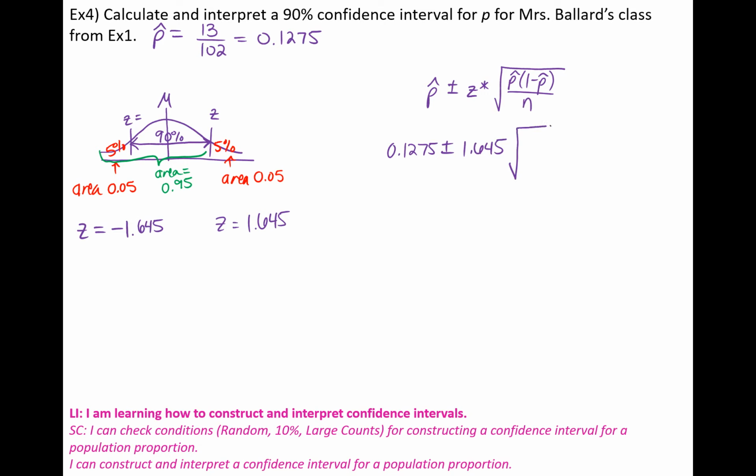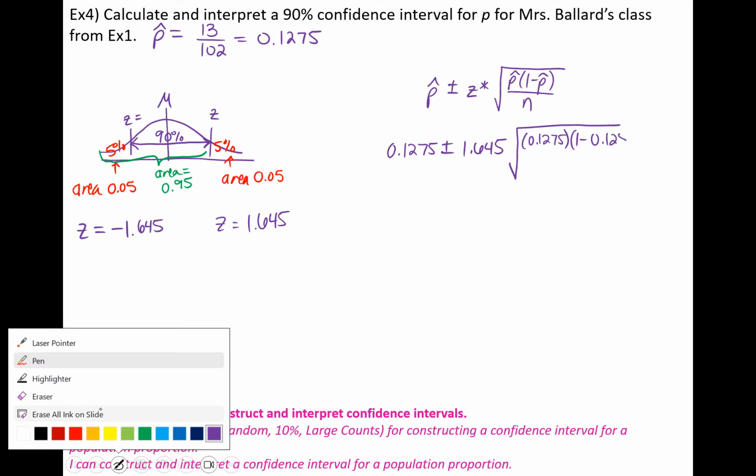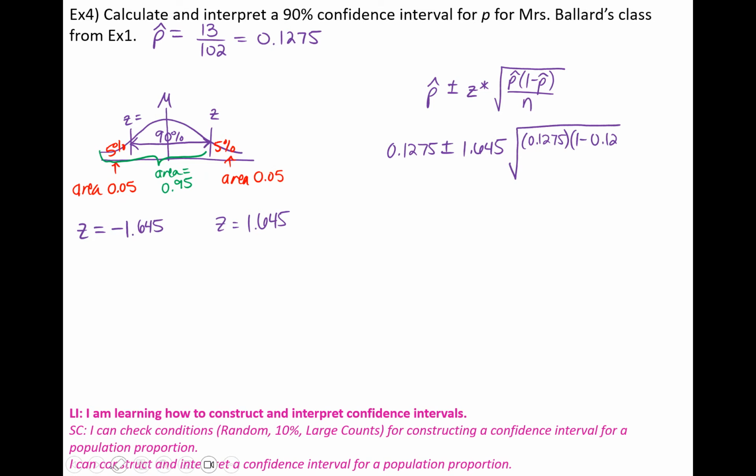And then I have my square root, my p hat 0.1275 times 1 minus 0.1275, and then our n, our total there was 102 chips in our sample. So we would put that whole loveliness into the calculator, and we're going to pause here for a second for you guys to be able to try this out on your calculator. So go ahead and try it out.